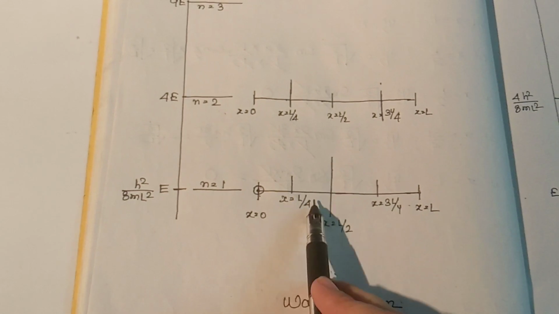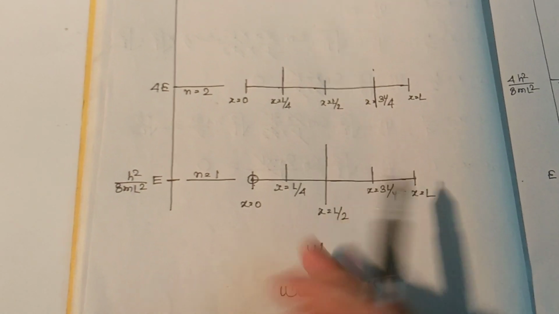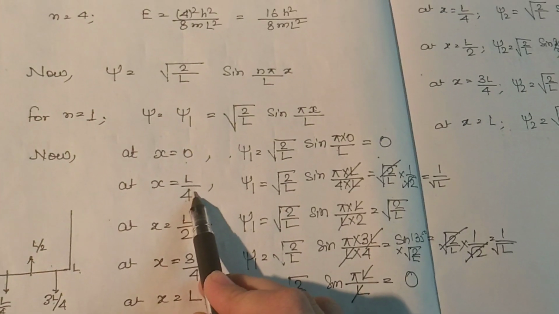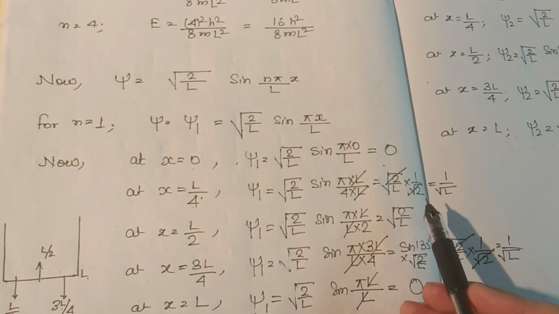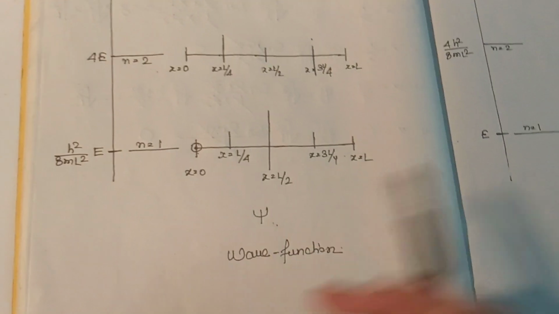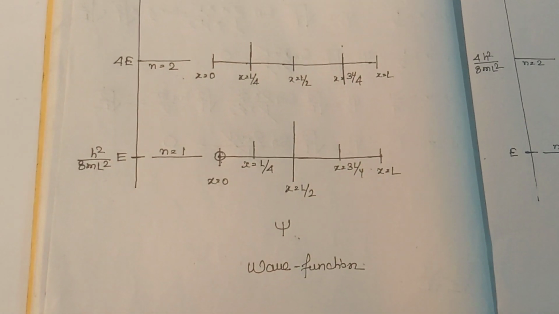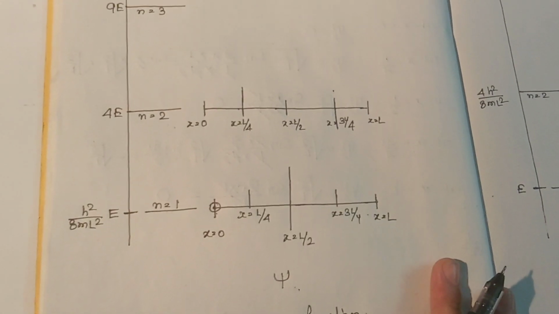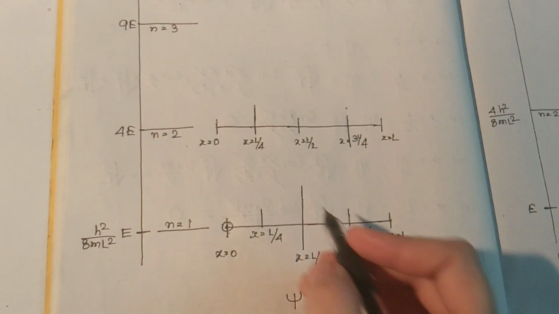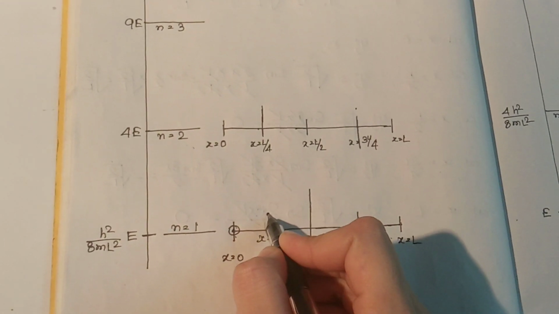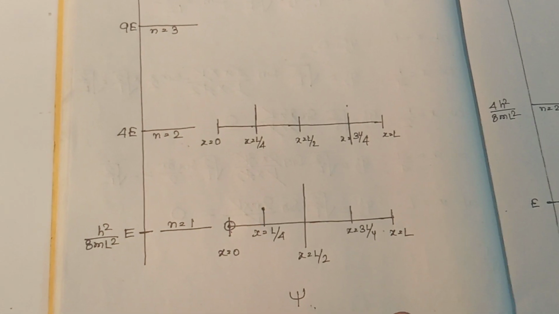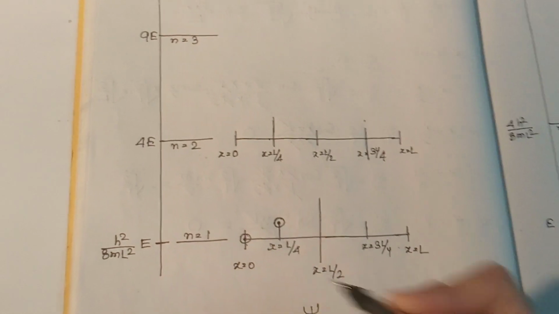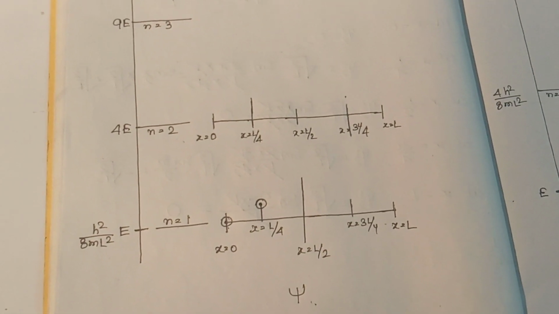When x is equal to L by 4, the value was equivalent to 1 by square root of L. So when we have a constant value of L for a fixed length of the given box, then it will give a considerable amount, and here we are considering a certain height for 1 by square root of L. So suppose this is the position of 1 by square root of L.